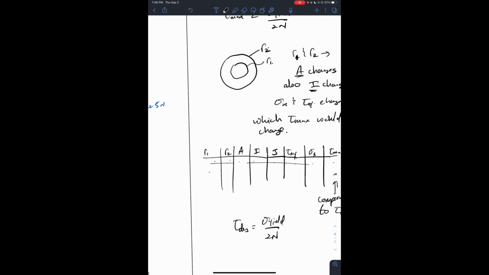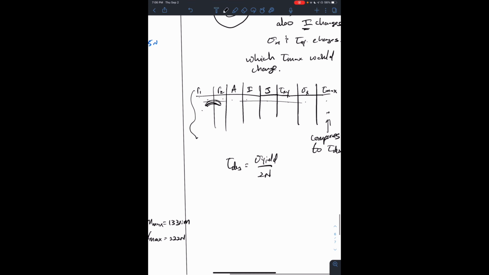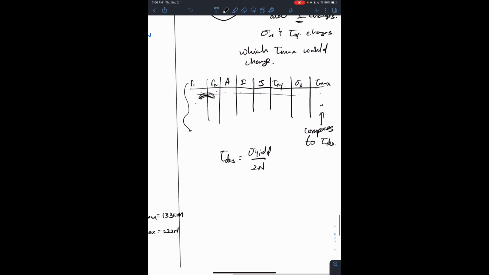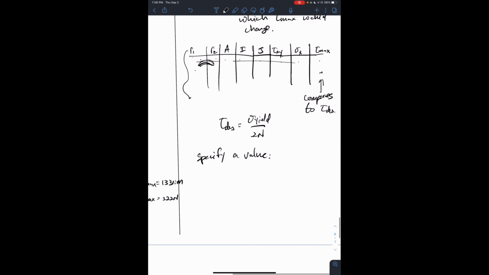Right, so that's one way of doing it, where we use Excel and we keep changing these values. Another way is to specify a value. So for example, we say we want to use a 1-inch schedule 40 pipe.